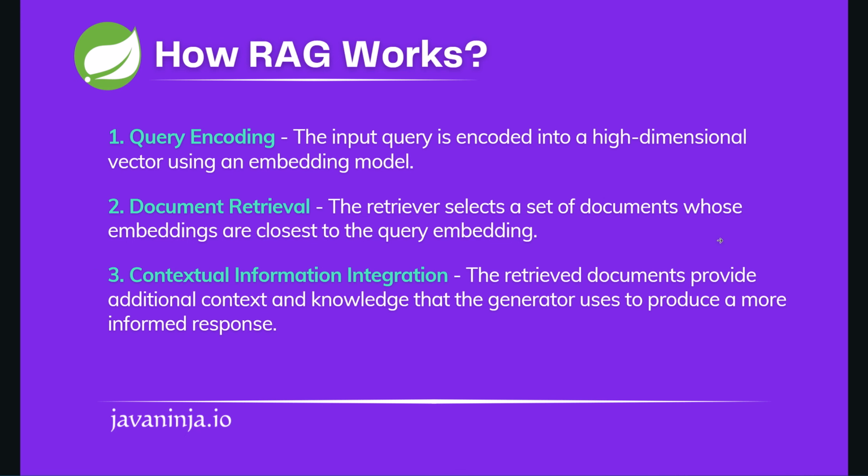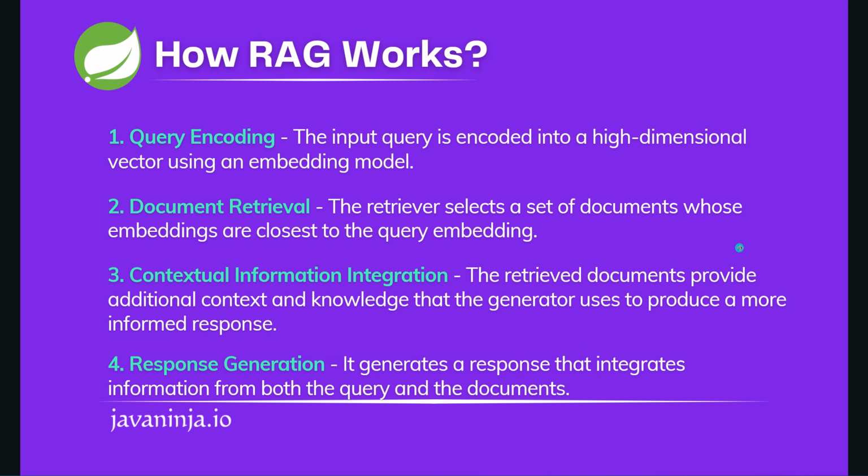Contextual information integration. The retrieved documents provide additional context and knowledge that the generator uses to produce a more informed response. The last process is response generation. The generator takes the input query and the retrieved documents as input.